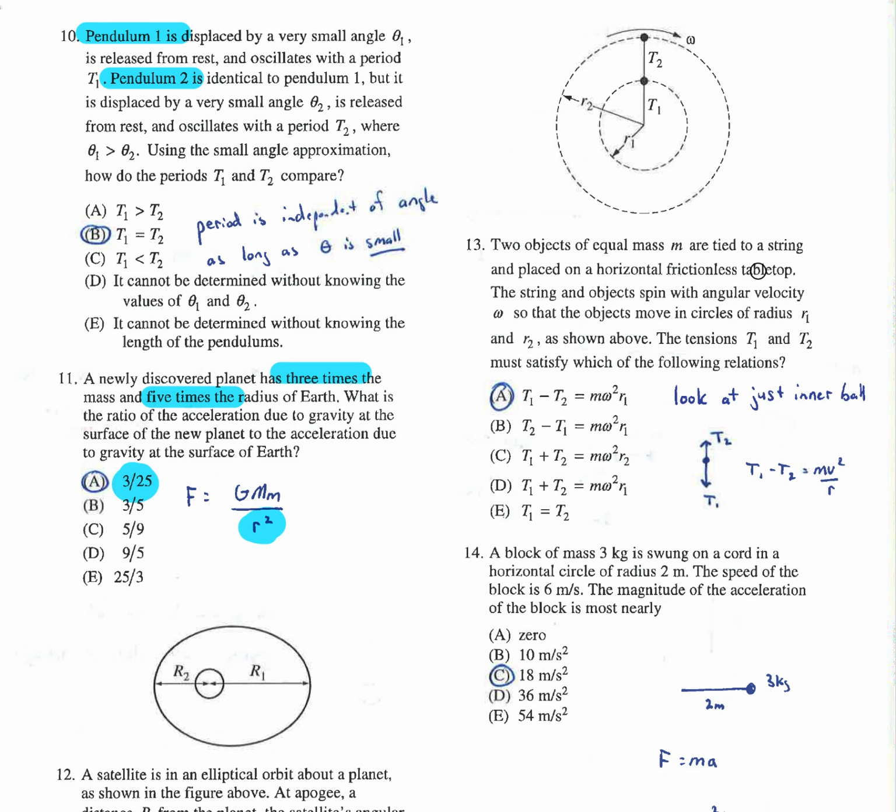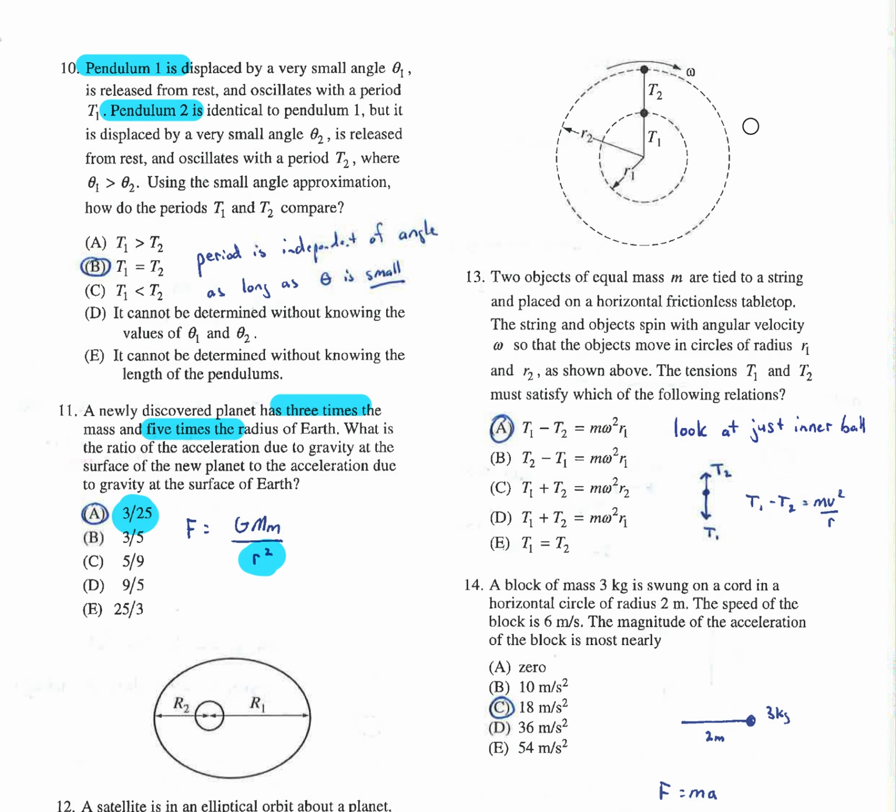All right, we got 2 objects. I believe we did this question in the MIT circular motion. We did a free response question. You can go back and look at that in that module if you'd want to. But if we're just looking at the inner ball, we know that the inner ball is moving in a circle. So we know F equals ma. The forces on the inner ball must be net inward. So T1 is pulling it in, T2 is pulling it out.